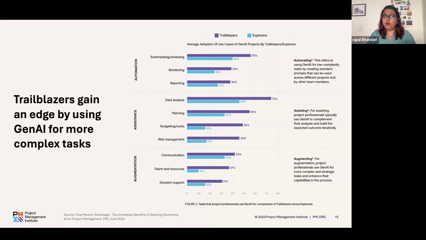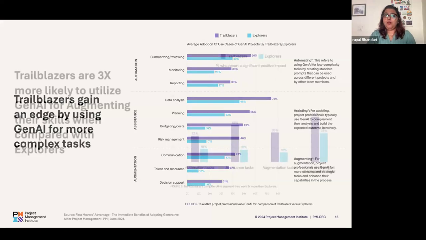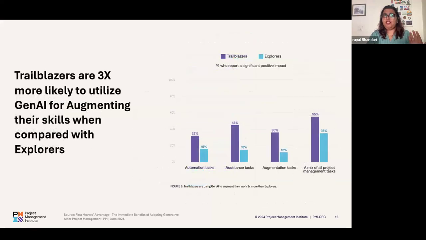And the same holds true for augmentation, things like communication, talent and resource management, decision support. We see that trailblazers are 3x more likely to utilize GenAI for augmenting their skills in comparison to explorers.